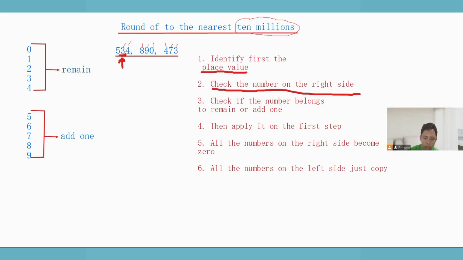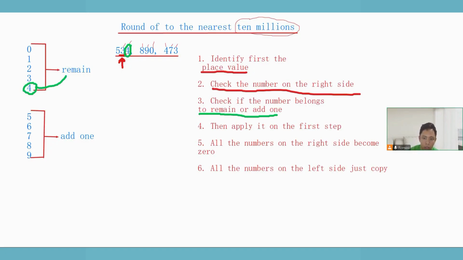The number on the right side of 3 is 4. Then we check if the number 4 belongs to remain or add 1. The 4 belongs to remain.